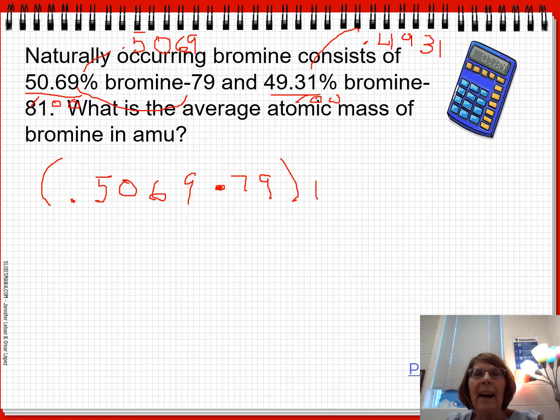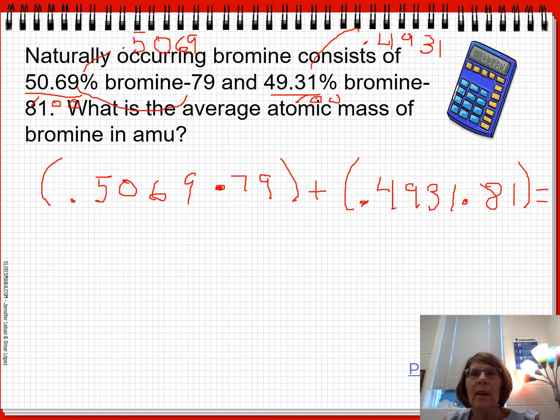And then we're going to add 0.4931 times the 81. So we're going to put that in our calculators.